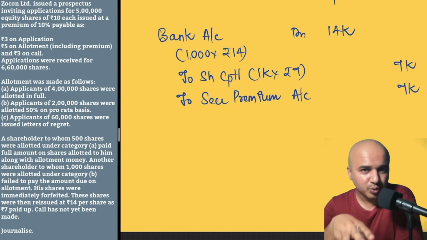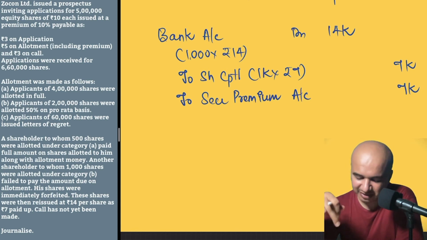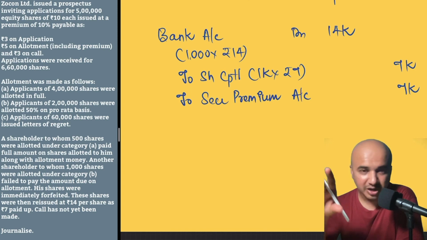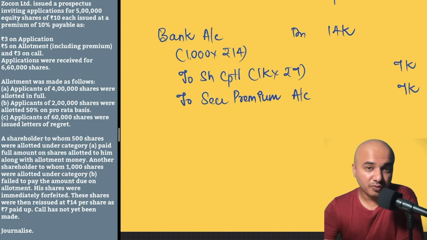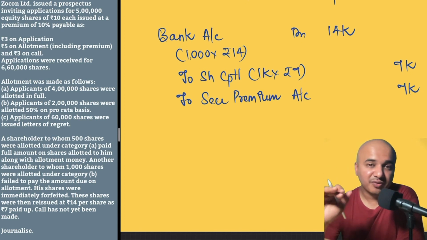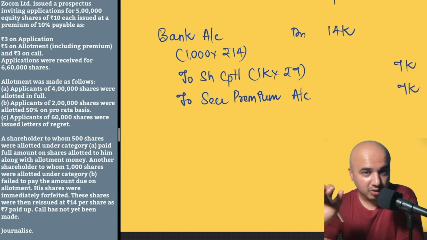Now, before we do that, we should check if we have utilized the share forfeiture account anywhere. Where can we utilize that? There is only one way, with respect to a possible issue of those forfeited shares at a discounted rate. But in this problem, no such thing has happened. So therefore, we need not worry about that, and whatever is there in the share forfeiture account can be directly transferred to capital reserve.